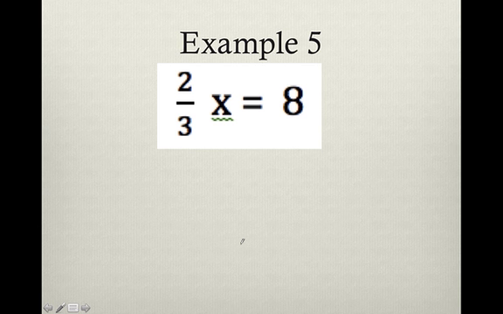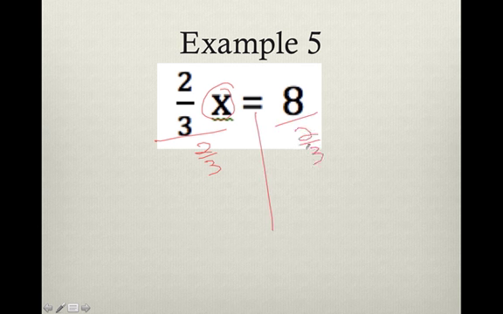Okay, our next example, a little bit more complicated. Attached to the hip of the x is multiplication by 2/3. So the opposite of multiplying by 2/3 would be to divide by 2/3. So we would normally have division by 2/3 here on both sides.